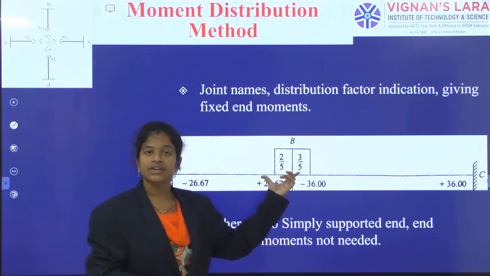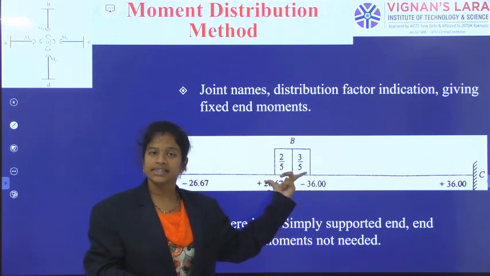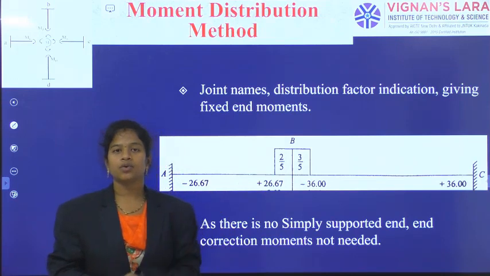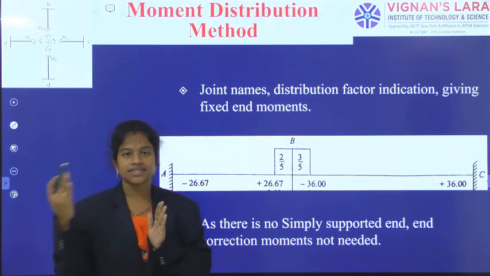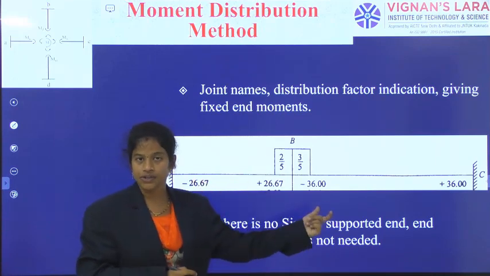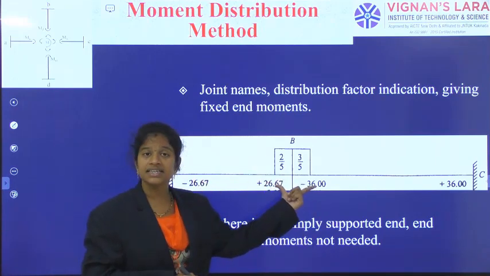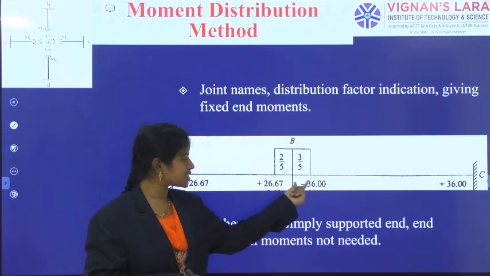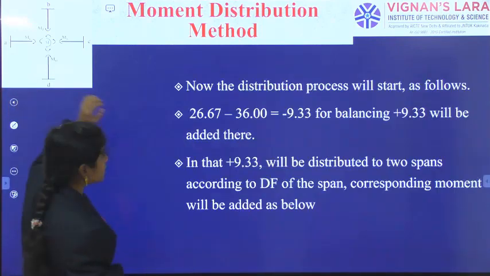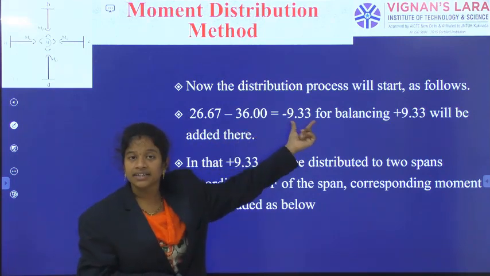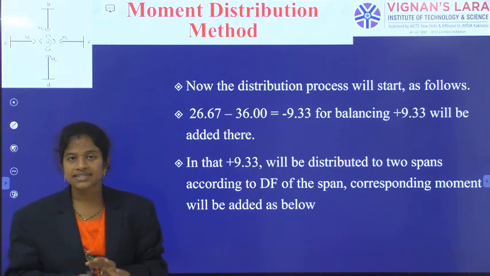The observation is at the joint. At the joint, the summation of moments towards A and towards C should be equal to 0. But here some unbalancing moment is there. So 26.67 and minus 36. What is the net unbalancing moment we have? That is minus 9.33. So that is still unbalancing in nature.